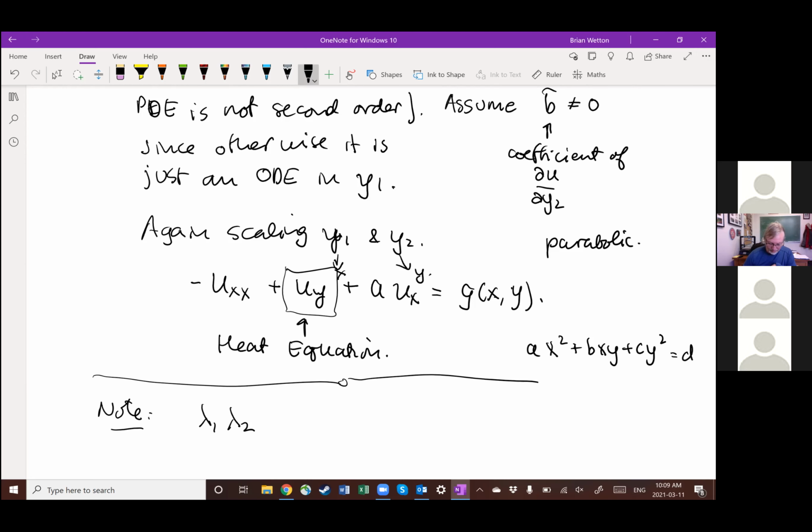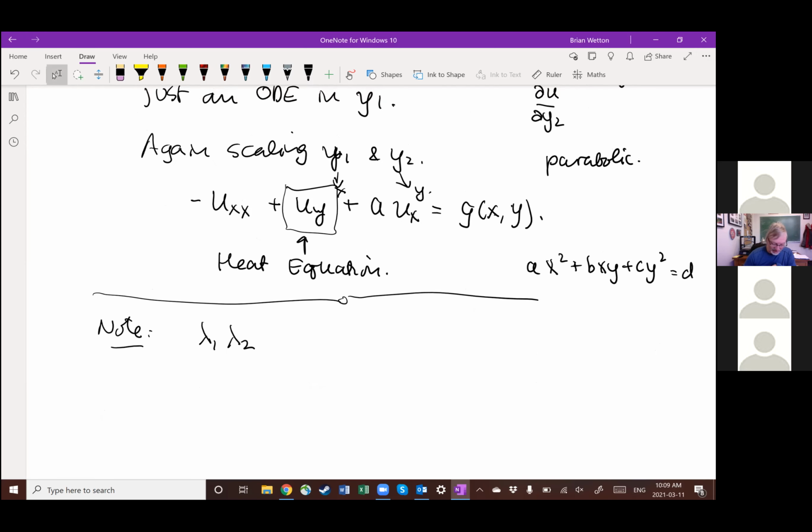So lambda 1 times lambda 2. If you want to figure out which one it is, it's pretty easy. The product of the eigenvalues is just equal to the determinant. So all you have to do is compute AC minus B squared.